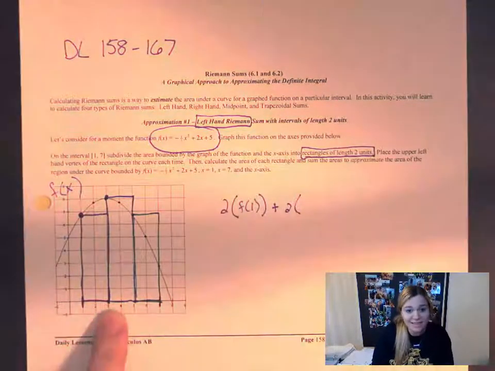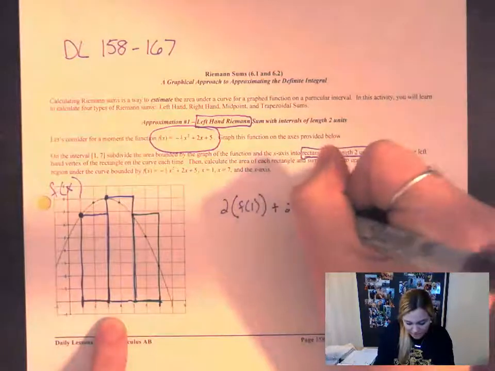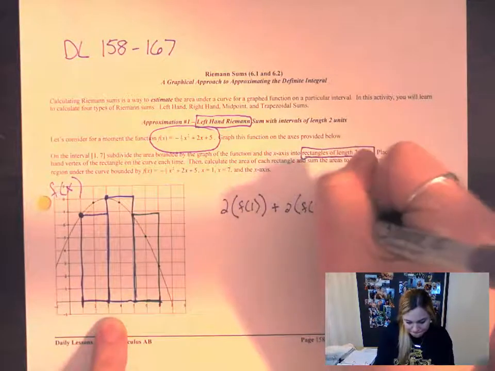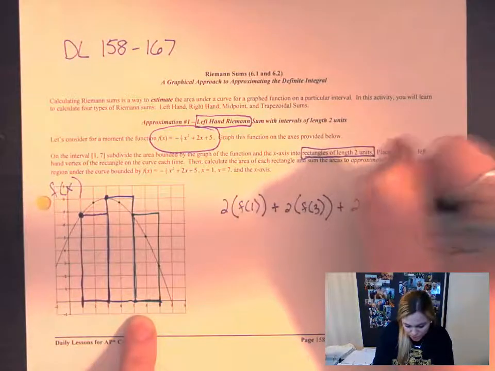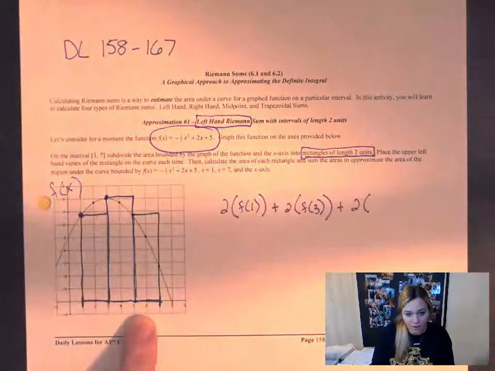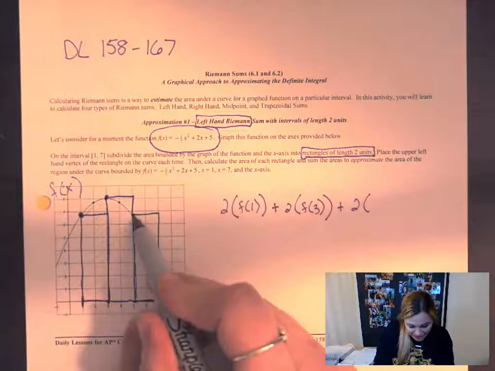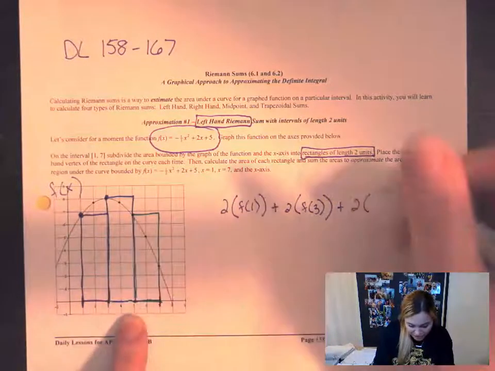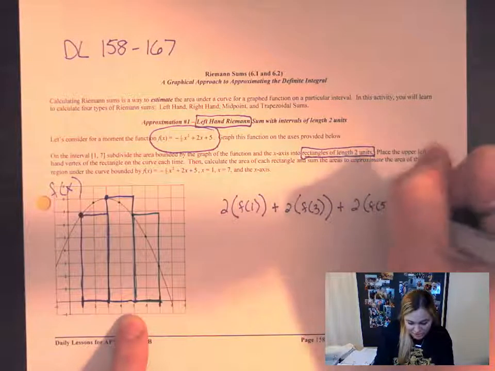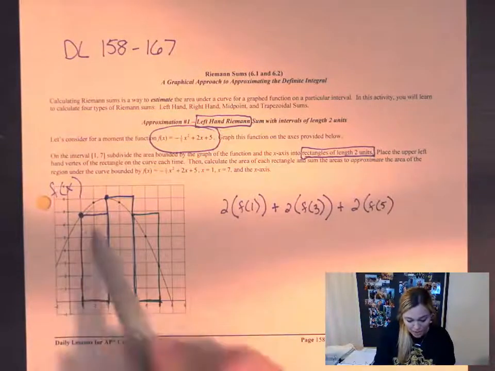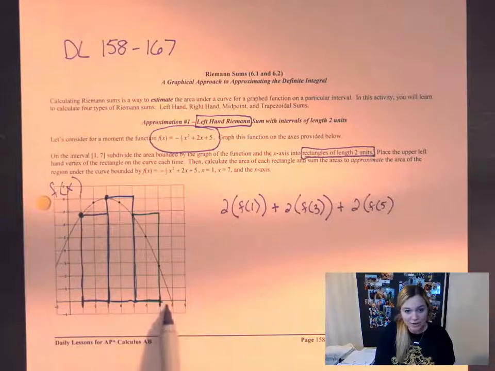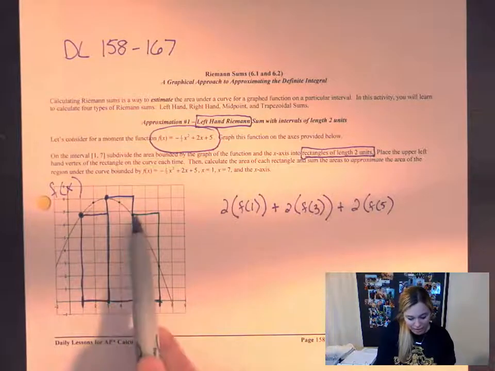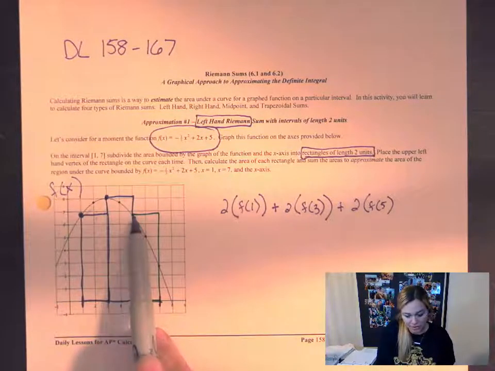My height in this case is f of 3. Over here, I'm going to say plus 2. My height is going to be f of 5, the function value at 5. Because all of these heights are the y value, the function value at 1, 3, and 5. And I'm going the whole way to 7 over here, but the last height of my rectangle is at 5. So I'm stopping there.